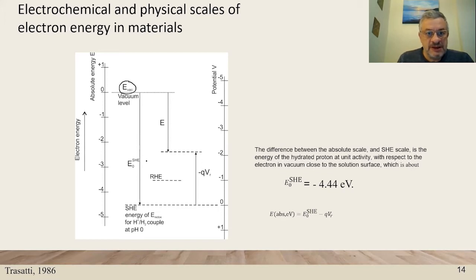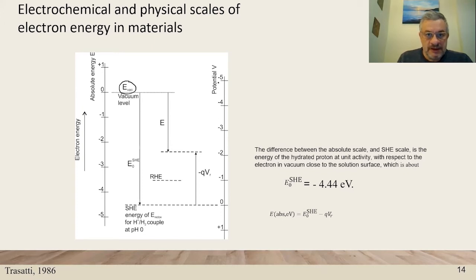But in electrochemistry, there is a different reference. And the reference is actually a reaction, the reaction of the reduction of hydrogen on the platinum electrode. So the difference between the two scales is the energy of the hydrated proton. So this is minus 4.44 electron volts.